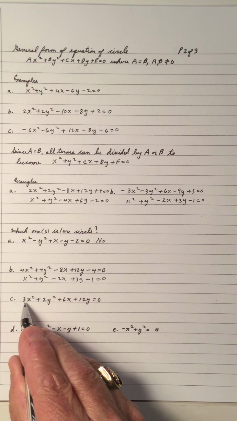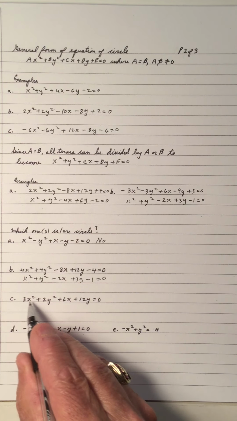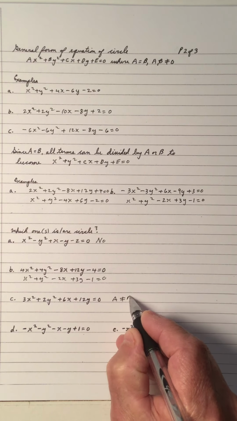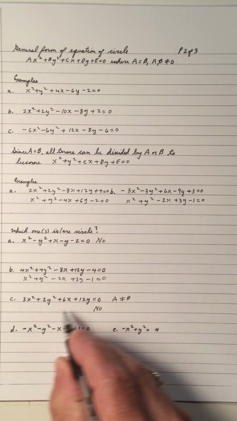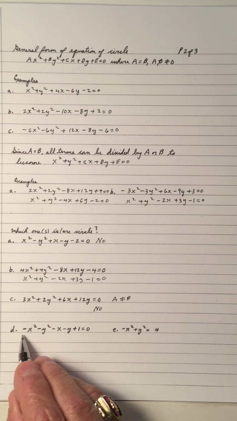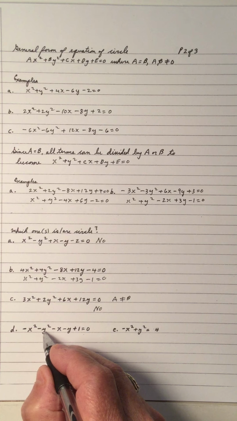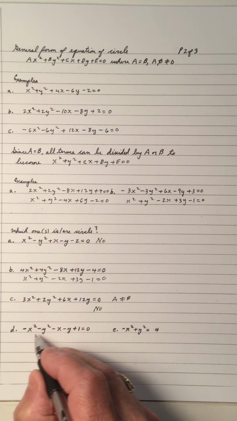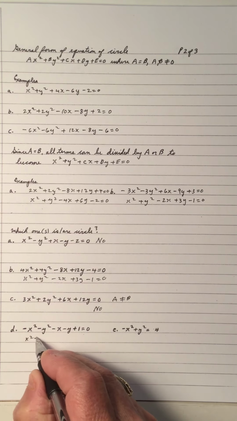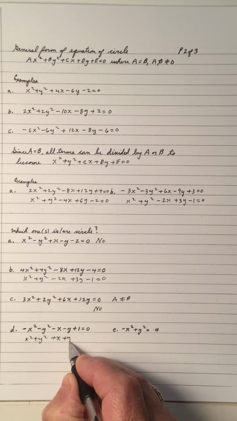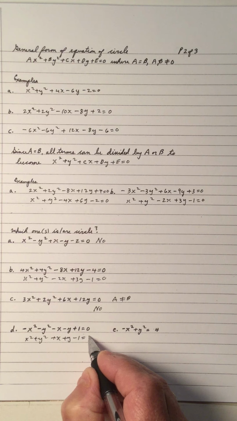And right here we have a 3x squared plus 2y squared. The a and the b are not equal, so no, it's not a circle. And right here we have x squared, negative y squared, so we divide by negative 1. We get x squared plus y squared plus x plus y minus 1 equals 0.